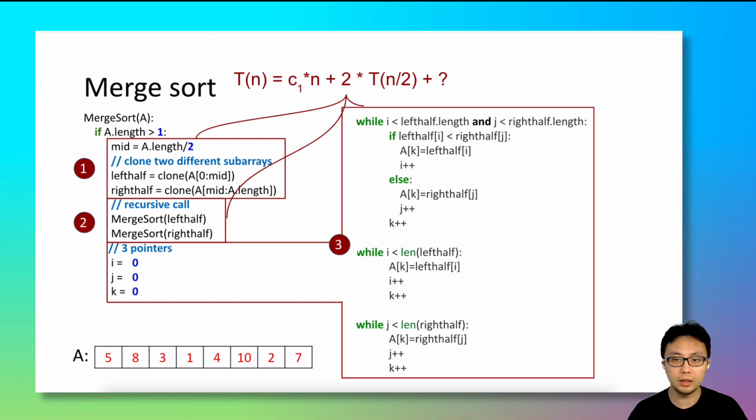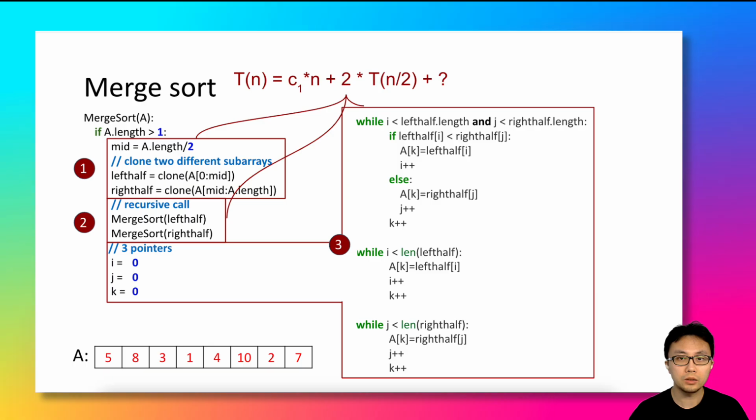What about the third block of code? The first 3 lines initialize i, j, and k to 0. They take constant time to run. The first while loop takes the same number of iterations as either the length of the left half or the right half, whichever is smaller. After that, either the second or the third loop would get executed, traversing the elements that were not examined in the longer one between left half or right half.